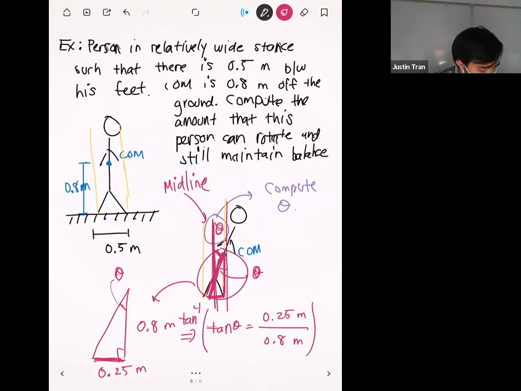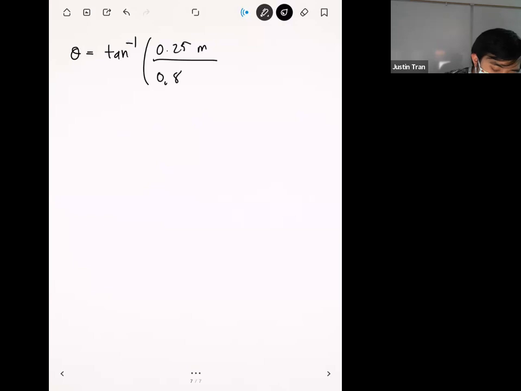All right. Let's evaluate this expression so that we can solve for theta. Theta is equal to tan inverse, or arctan, depending on your preference, of 0.25 meters divided by 0.8 meters.